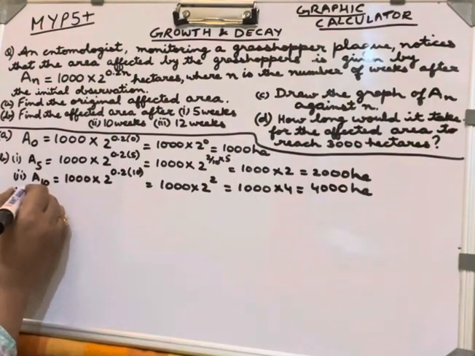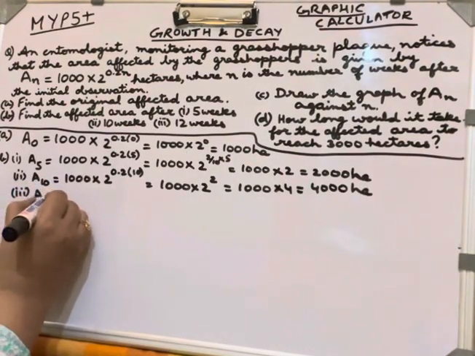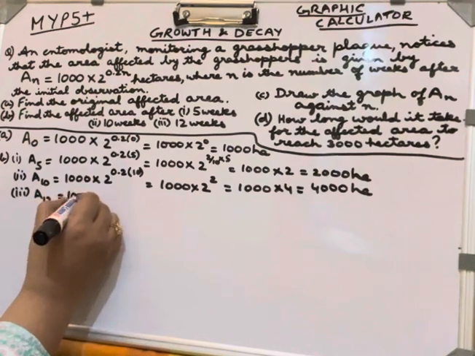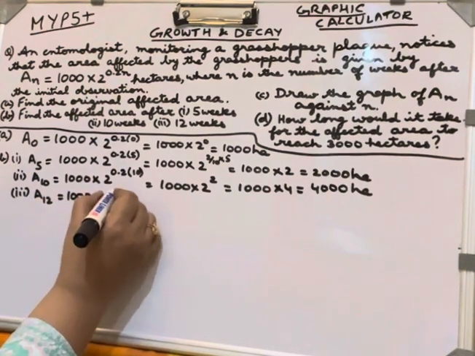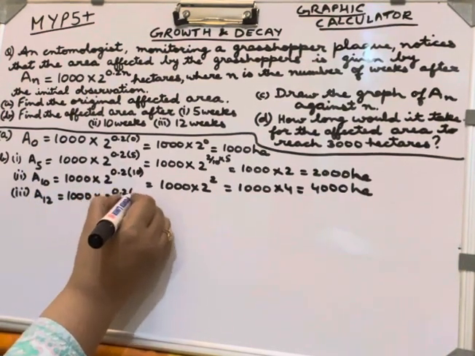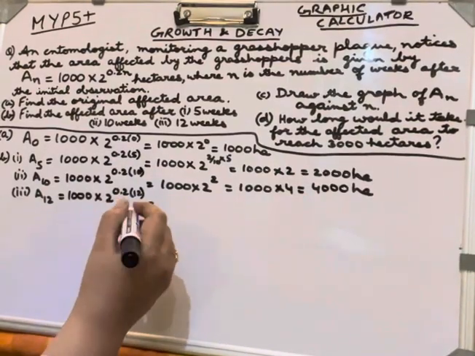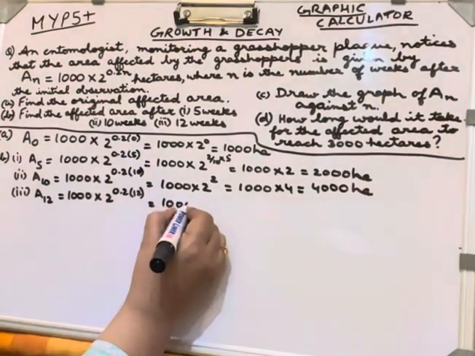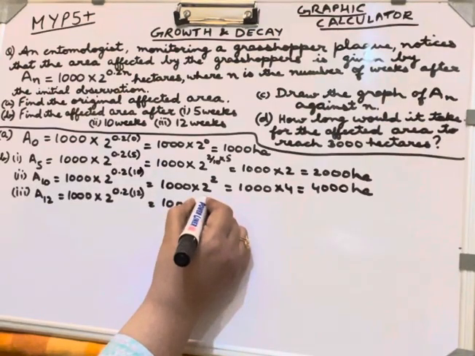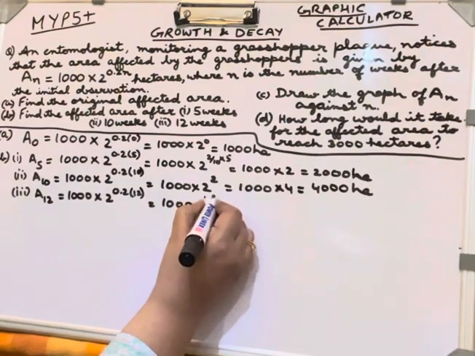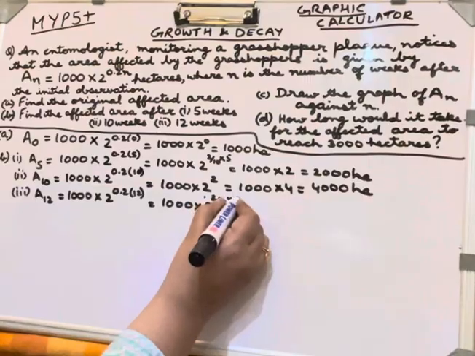Part 3, A_12. After 12 weeks, let's calculate 1000 into 2 to the power 0.2 into 12. Now this is 1000 into 2 to the power 2 by 10 into 12.